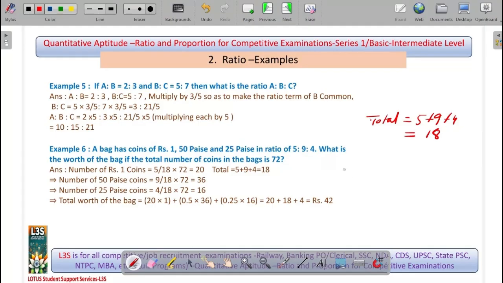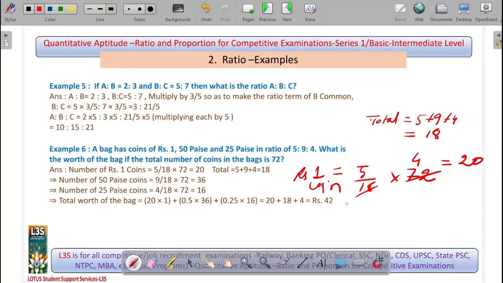Now as it is given, the number of rupees 1 coins will be 5 by 18 into 72. That is rupees 1 coins. So 18 4s are 72, so this is 20.